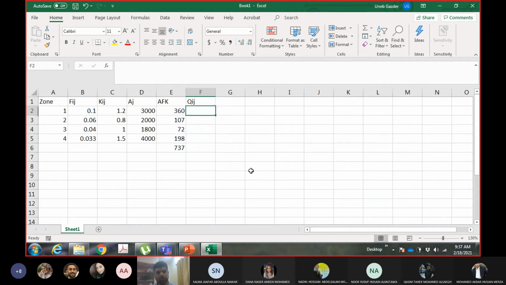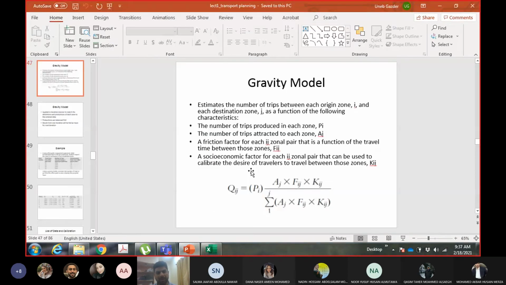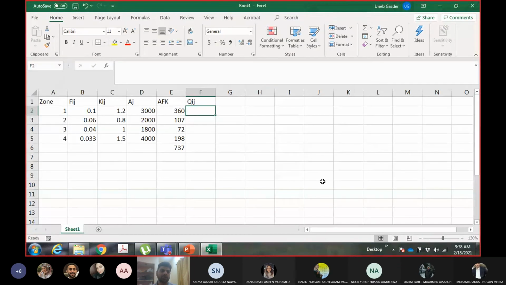PI is 1500, and that is also constant. You will just change the AFK factor for each zone. So give me the number of trips between each zone and my office park building.